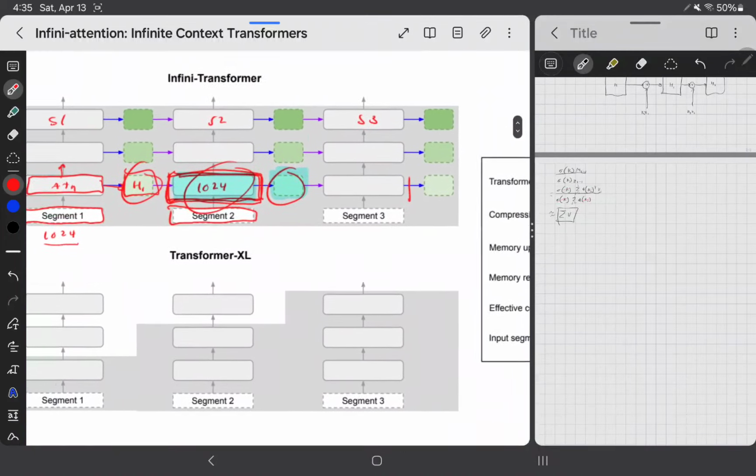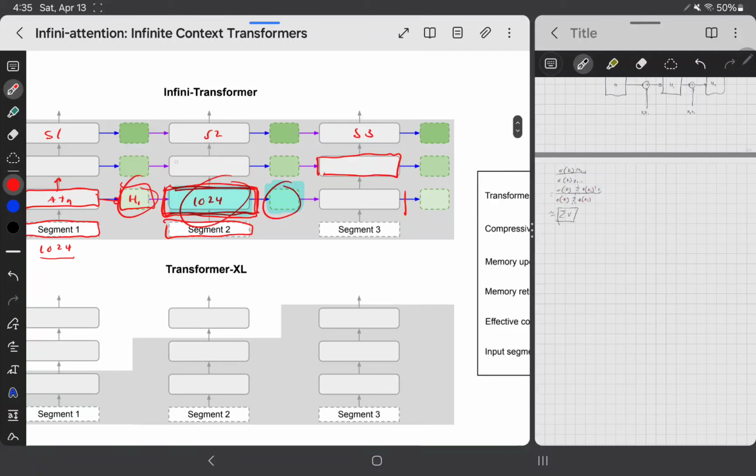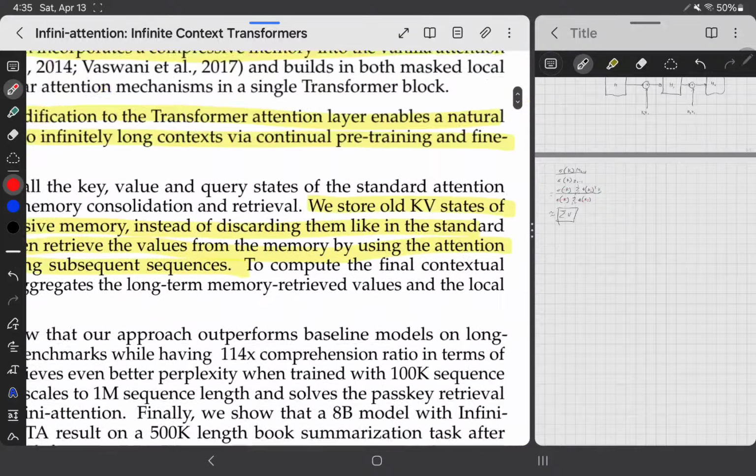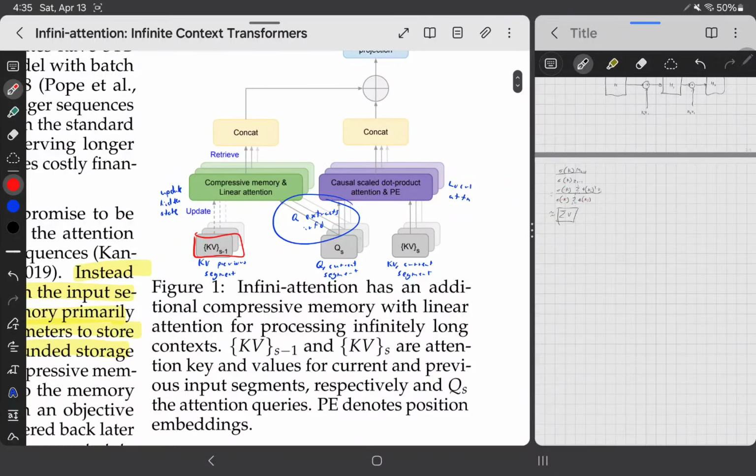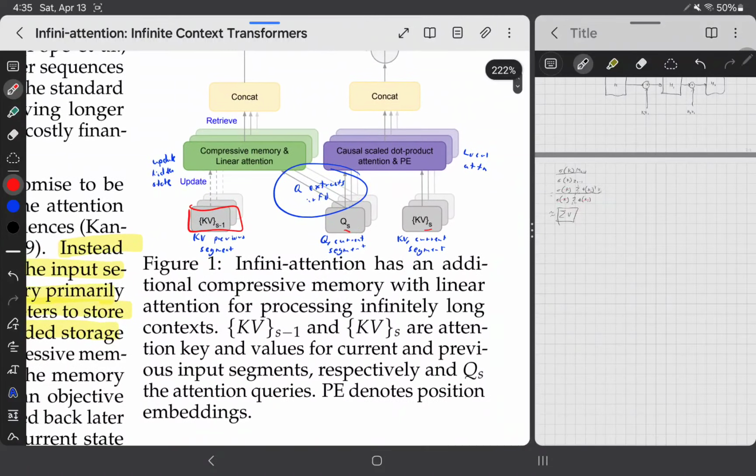So if we're calculating attention for this segment here, the keys and values come from here, meaning that this attention mechanism has context from all of these, but it doesn't have context of itself, at least the memory, the RNN attention we're computing. Meaning that the multiplication over all M is causal because it only utilizes the memory from the past hidden state. So at the current step, it utilizes the keys and values from the past hidden state, basically observing the hidden state using queries at the current step. So it is causal.